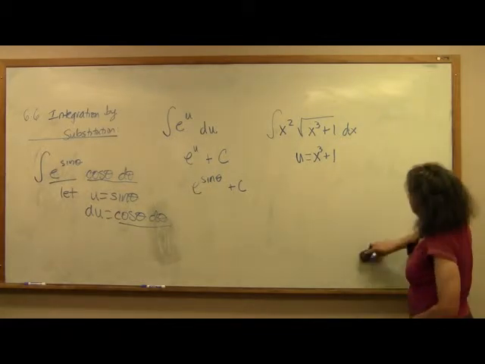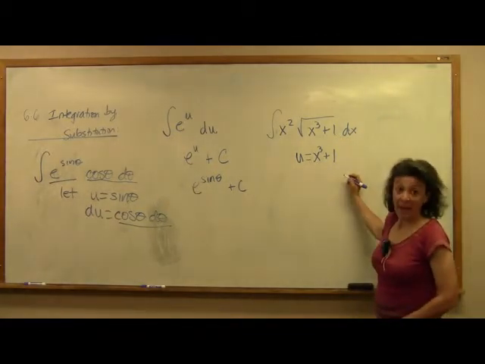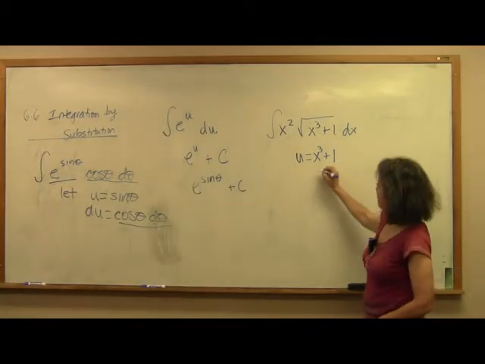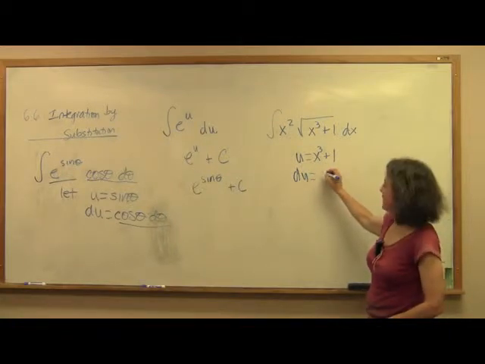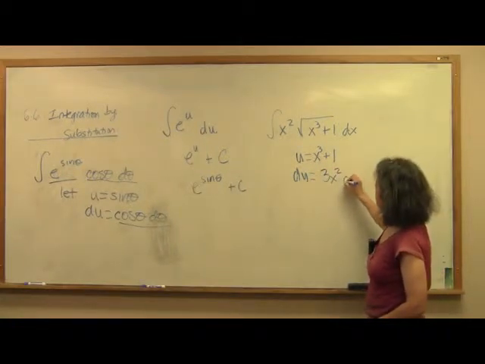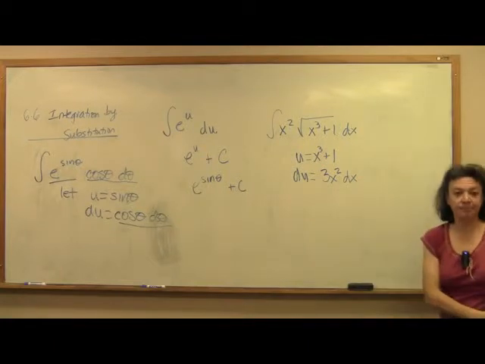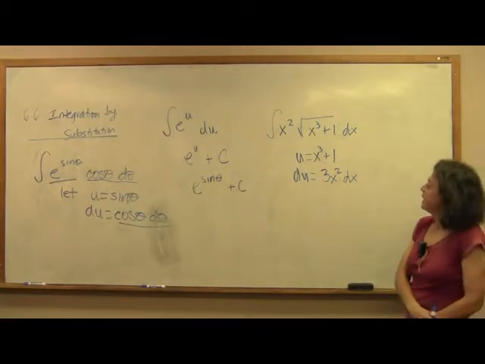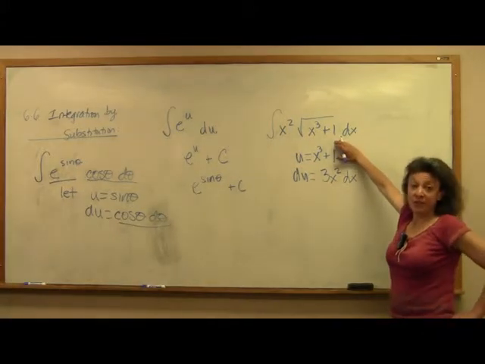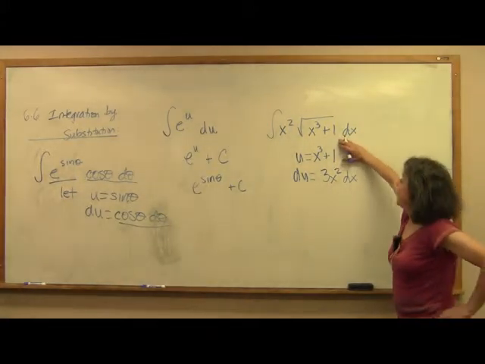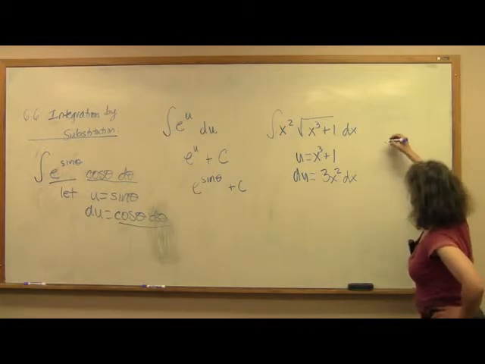Okay? So, my next step after I make my substitution is to take the derivative of both sides. So here you get du, and the derivative of x cubed plus 1 is 3x squared dx. Okay? Now, after you do this step, what we want to do is rewrite our integral in terms of u's.